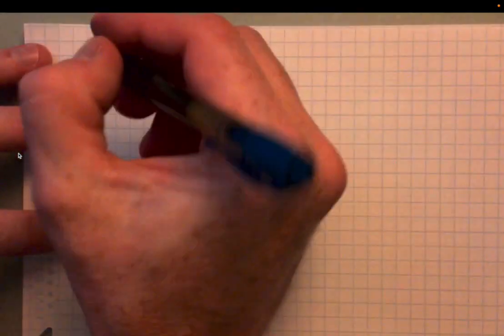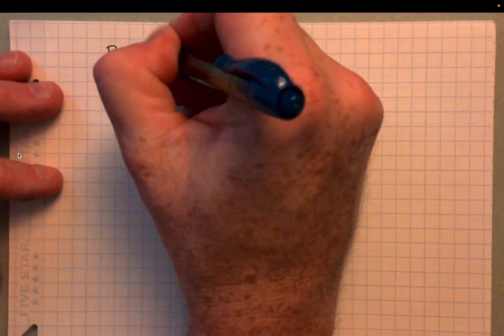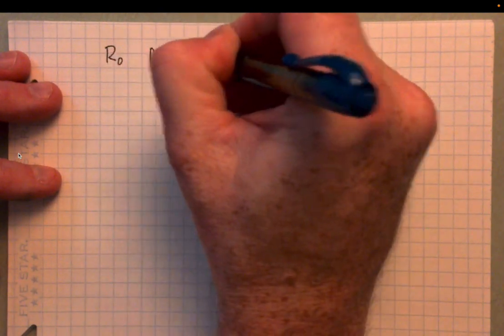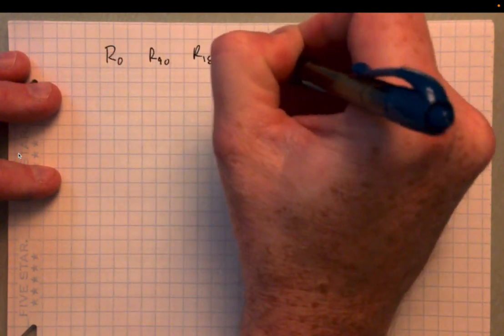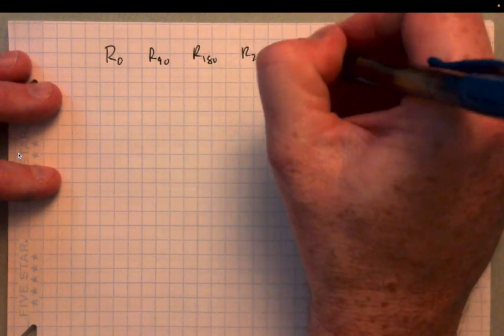And so this will be slightly labor intensive. If it's too much to endure watching it, you can obviously pause the video or advance the video through it if you like. But basically, you can think of it kind of like a multiplication table you maybe saw when you were younger. Across the top we'll have R0, R90, R180, R270, and then H, V, D, D prime.